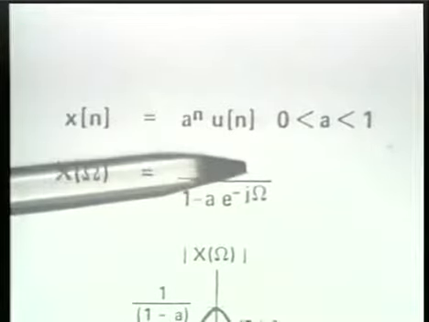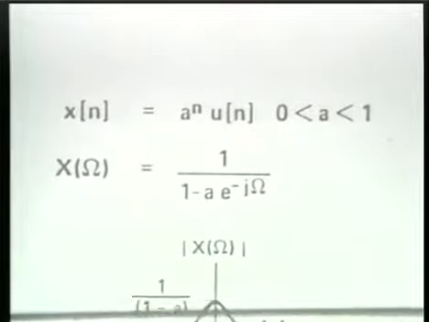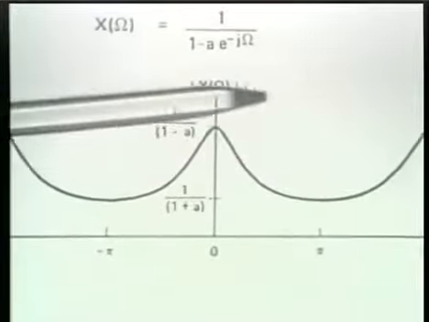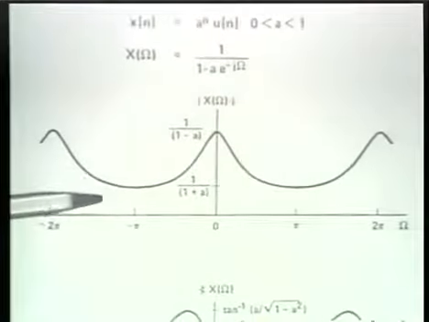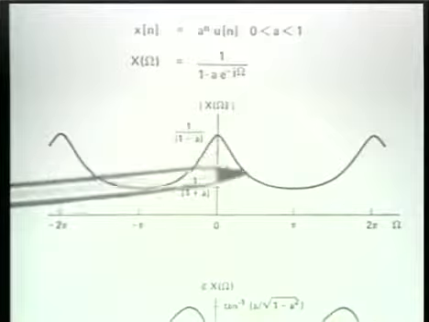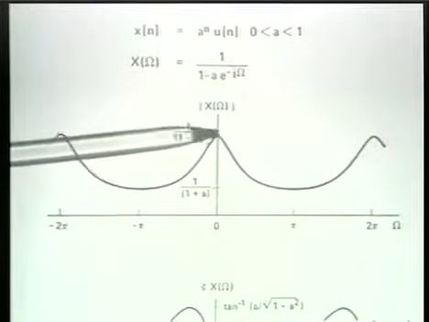And if we look at its magnitude and angle, the magnitude I show here. And the magnitude, as we see, has the properties that we indicated. It is an even function of frequency. Of course, it's a function of a continuous variable.